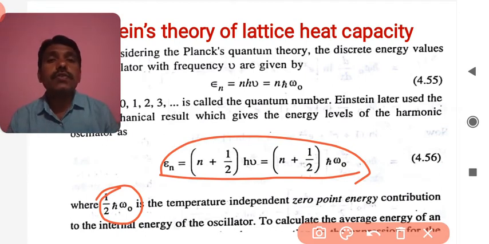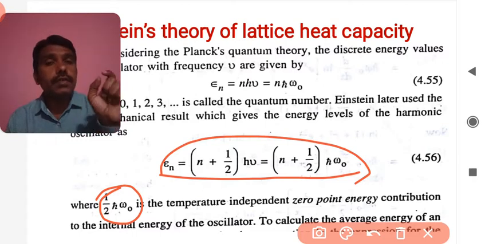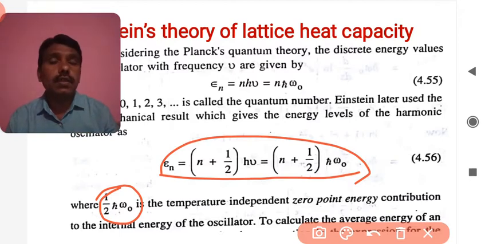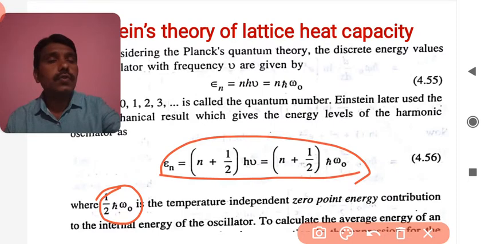That is why it is called zero point energy, because even at 0 degrees, energy is still there in the lattice.